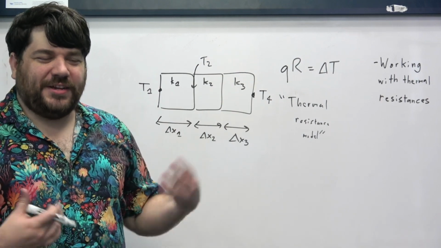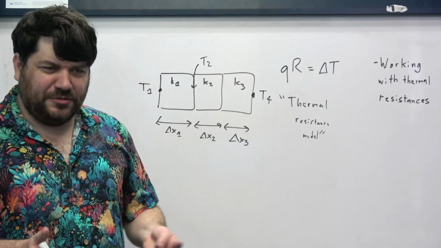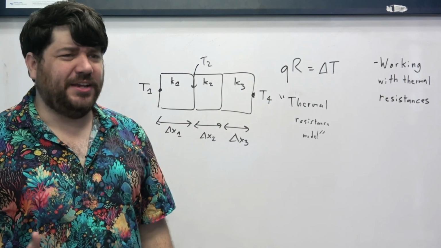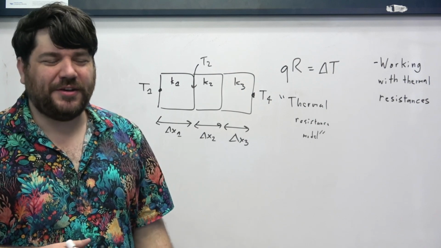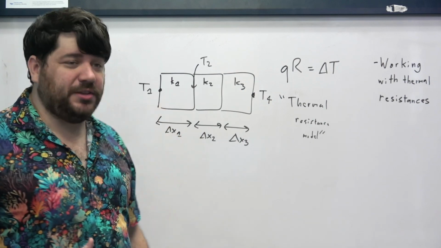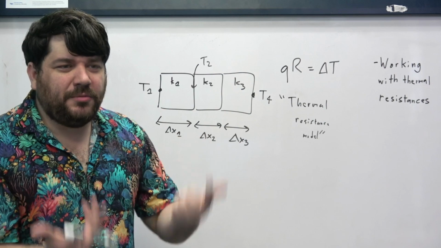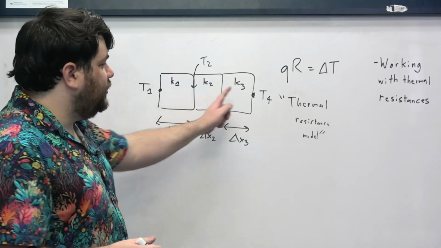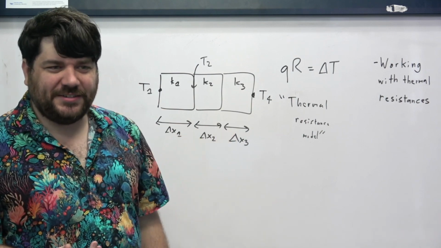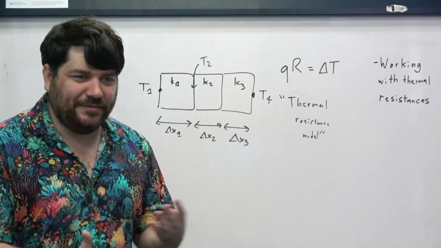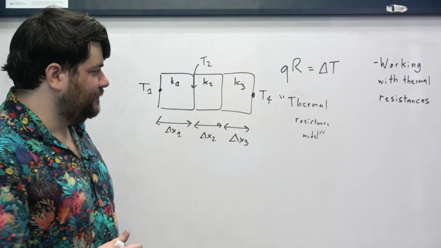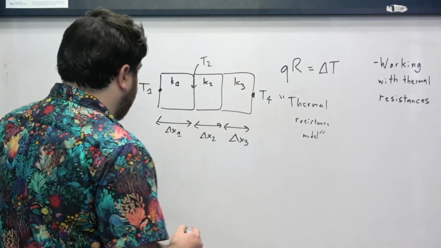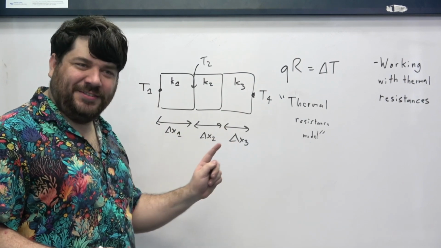And if I wanted to do this, I'd have to do a relatively complicated energy balance or set of energy balances, or I'd have to solve the heat equation and figure out what the temperature profiles look like in order to figure out what T2 is. But when we use the thermal resistance model, things become a lot simpler, because rather than modeling these things as complete objects, where the planarity of them is required for the analysis, we can just say, well, forget this, all right?